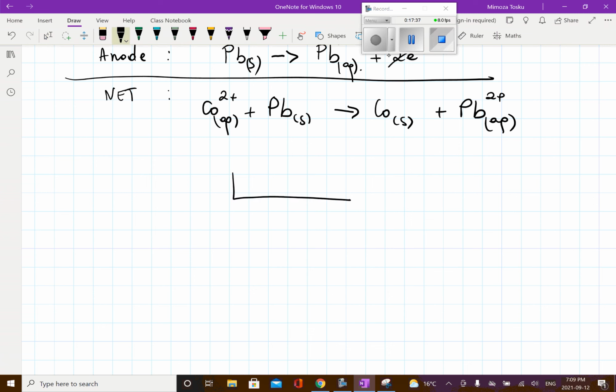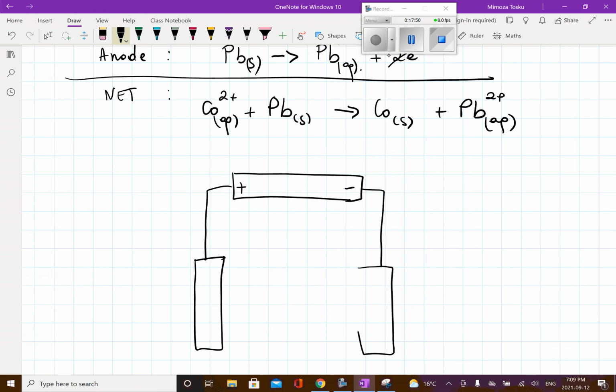Positive is here, negative is here, and then you will have the electrodes here, and then you will have Pb solid and a Pb solid, and the electrons will flow in this direction and will be pushed by the negative pole.